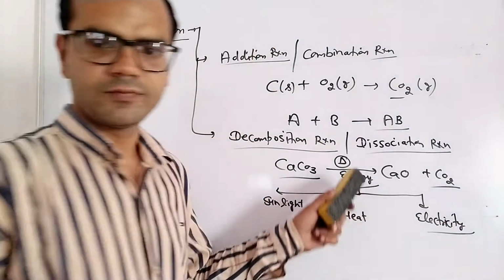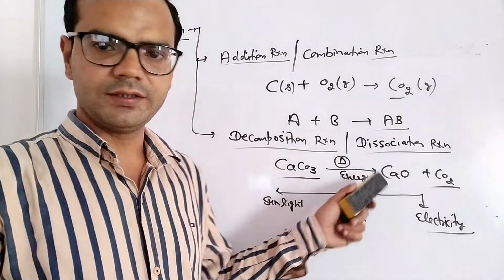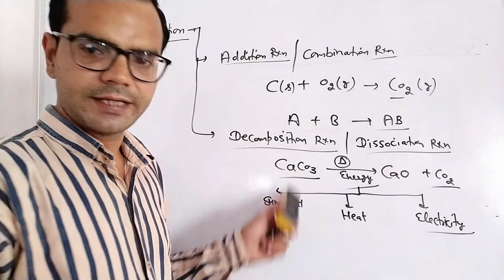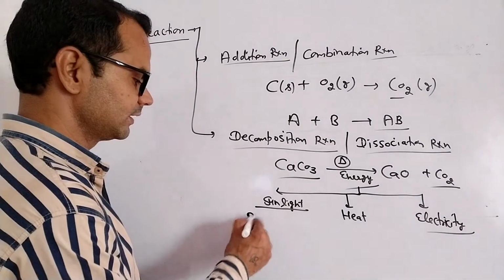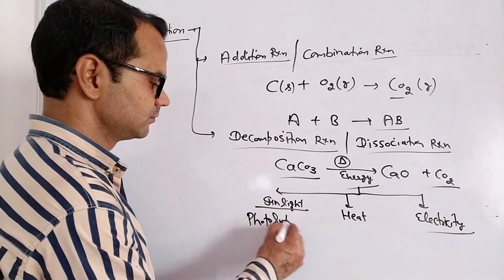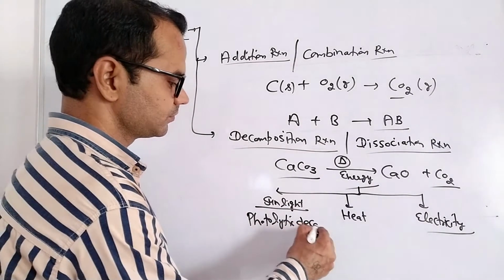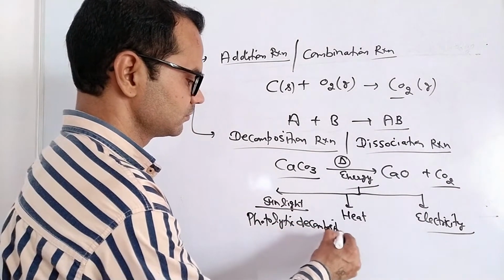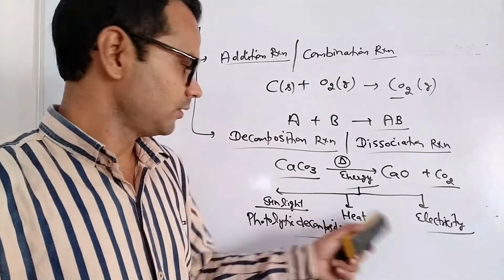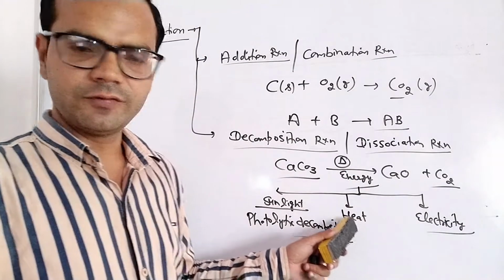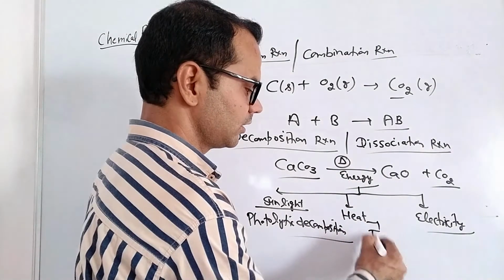If energy is provided in the form of sunlight, then the reaction is called photolytic decomposition. If energy is provided in the form of heat, then the reaction is called thermal decomposition.